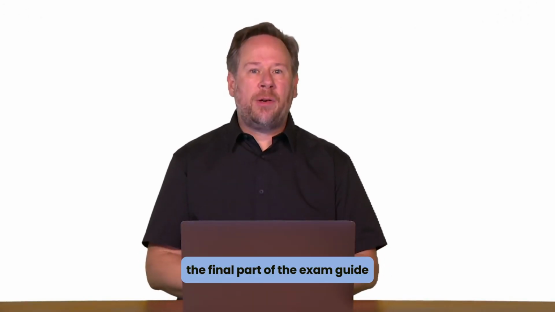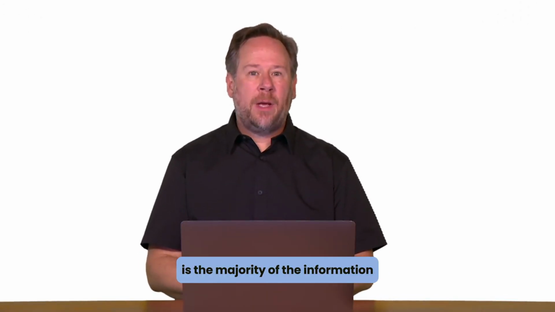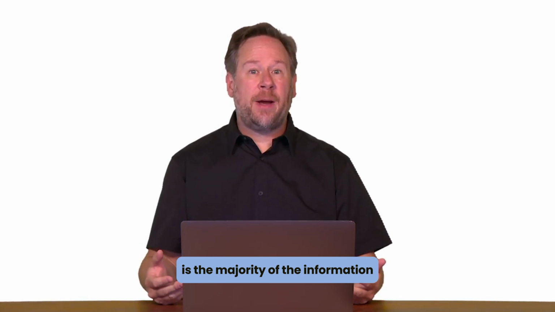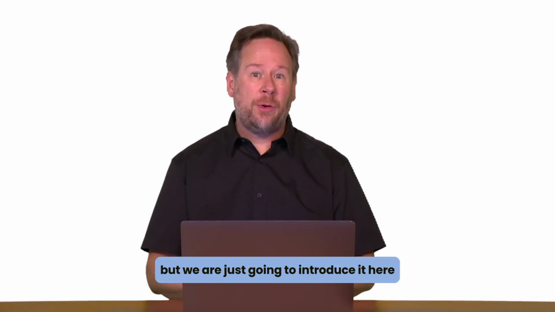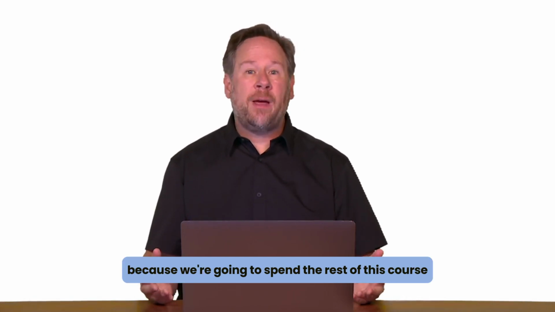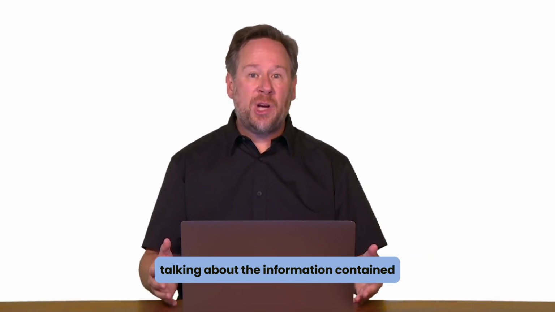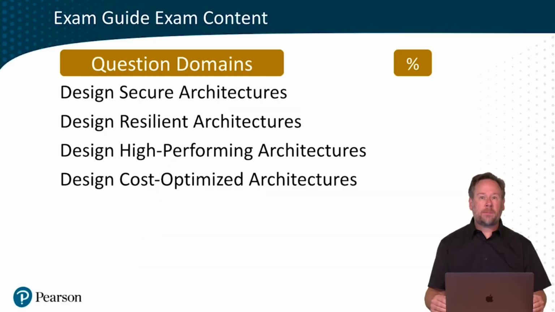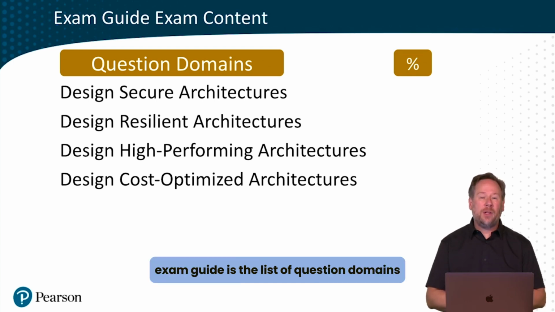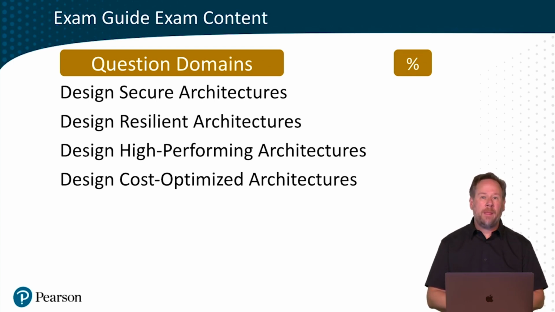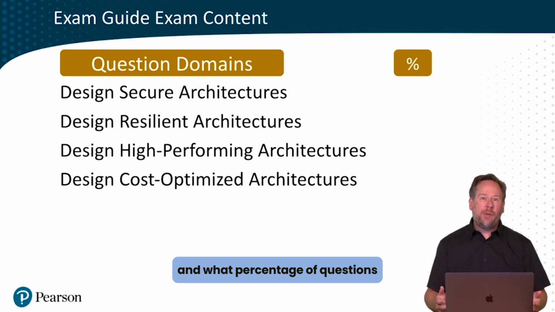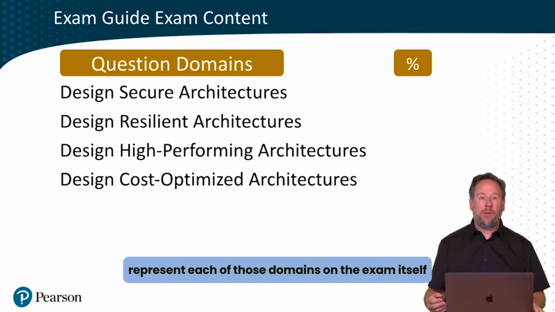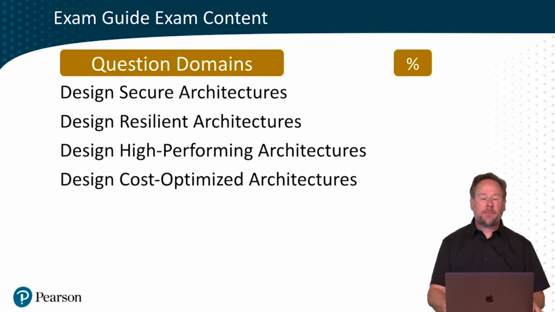The final part of the exam guide is the majority of the information, but we are just going to introduce it here because we're going to spend the rest of this course talking about the information contained in all of those outlines. This part of the exam guide is the list of question domains and what percentage of questions represent each of those domains on the exam itself.